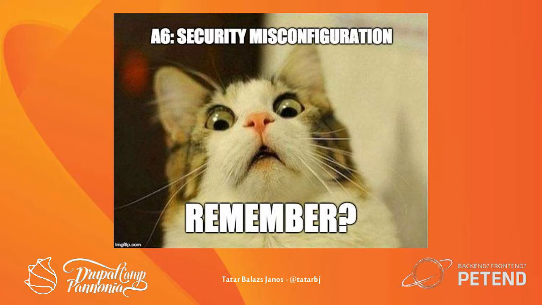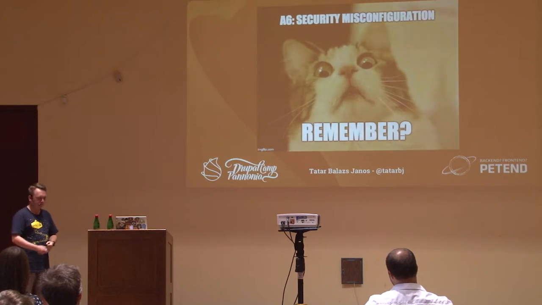XSS, cross-site scripting, is very important and very mature, but still, security misconfiguration is a real thing. There are people having permissions in the Drupal world to do things on the website, and we devs have to validate whether it is done in a secure fashion or not.